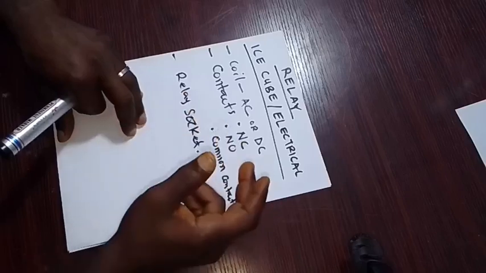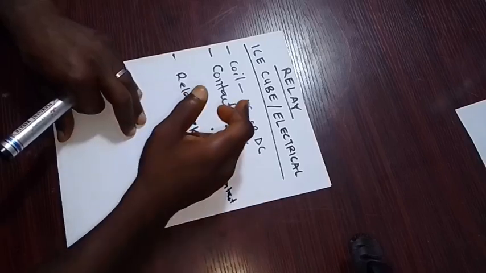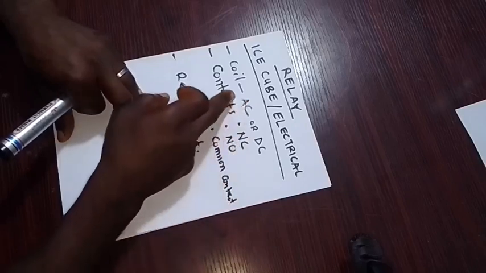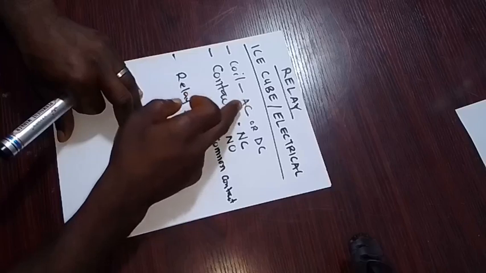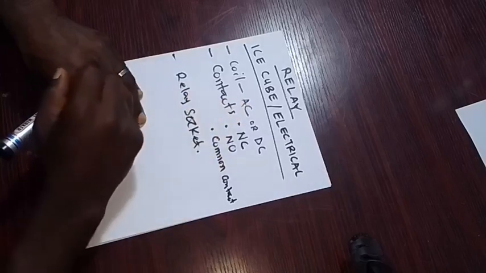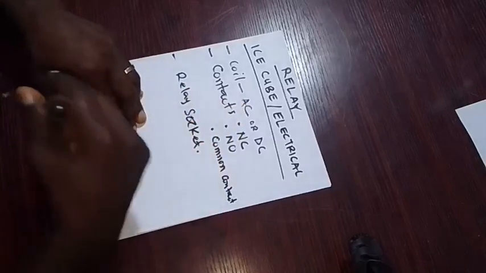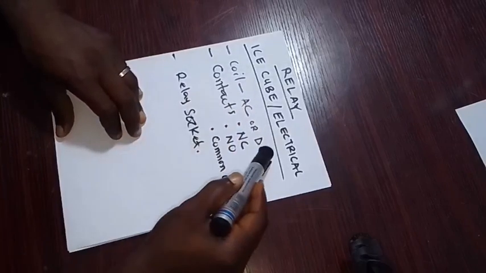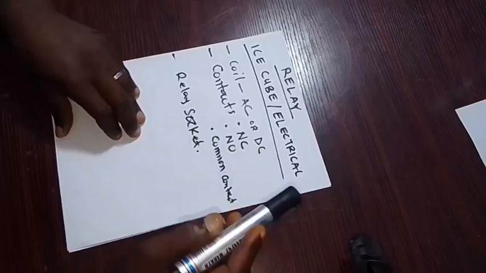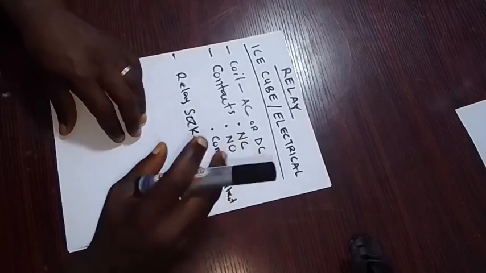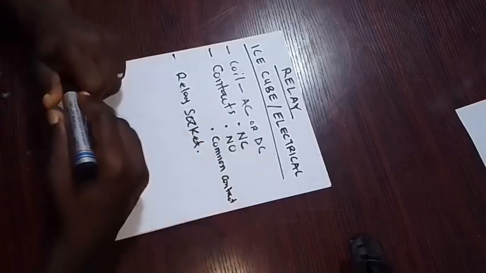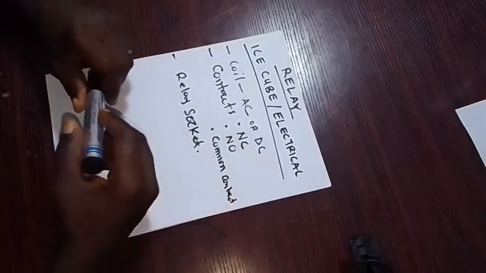But there are certain relays in which both the coil and the contact are rated to hold an AC source. And there are other relays in which both the coil and the contact are designed in such a way that they can accommodate only a DC source. Very important to note.